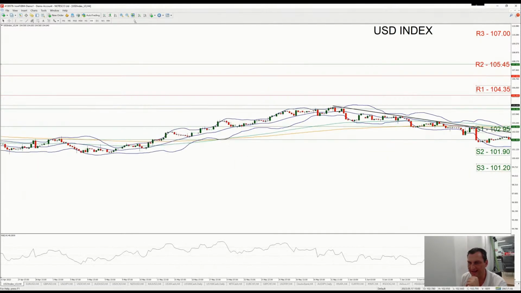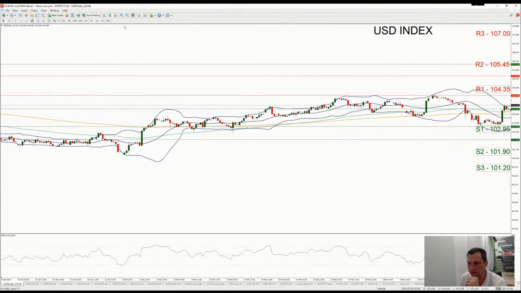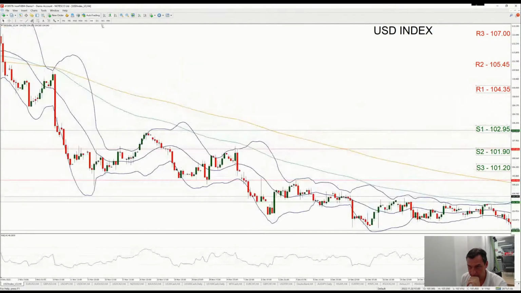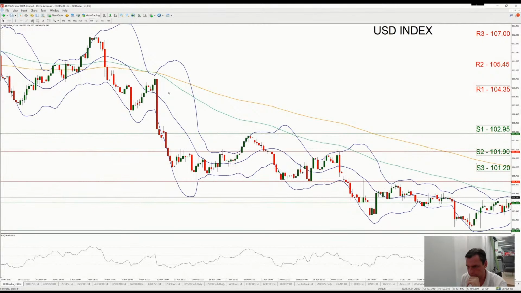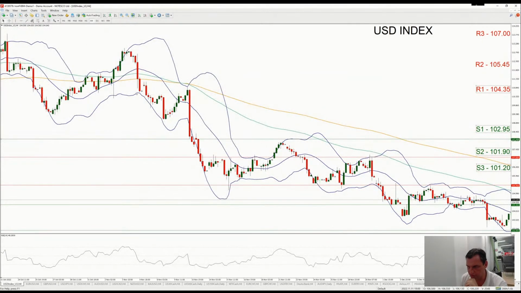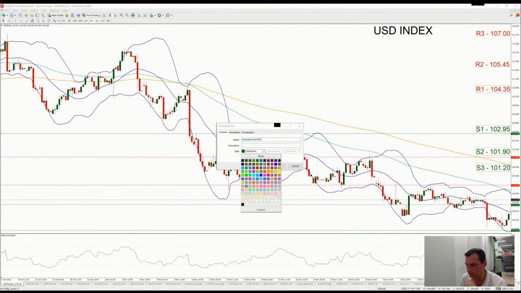Let's go further back, hunting for a new ultimate resistance line. This peak is indicated, but also this one. I'm going to be holding on this one, and that would be in red.